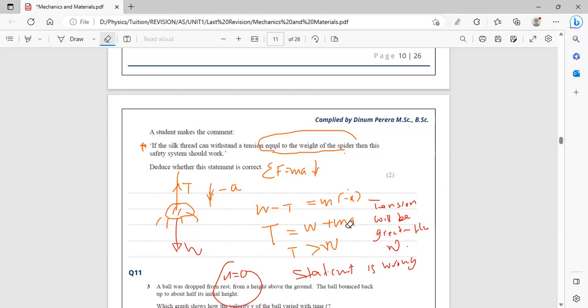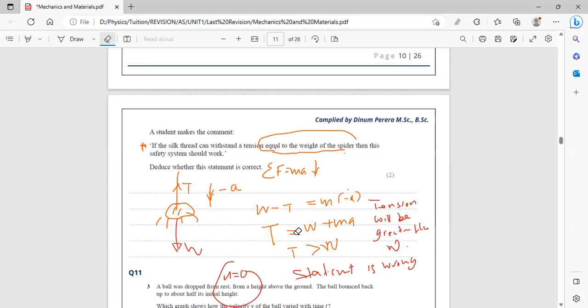So the tension is greater than W because Ma is a number. When you add this value to W, tension will become greater than W.